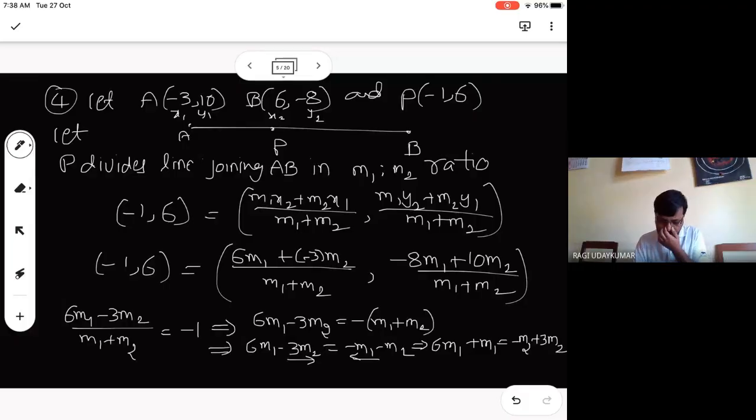On simplification, what do you get? 7M1 is equal to 2M2. Now take M1, M2 to the left side and 7 to the right side. So M1 by M2 is equal to 2 by 7. So the ratio you got is M1 by M2.